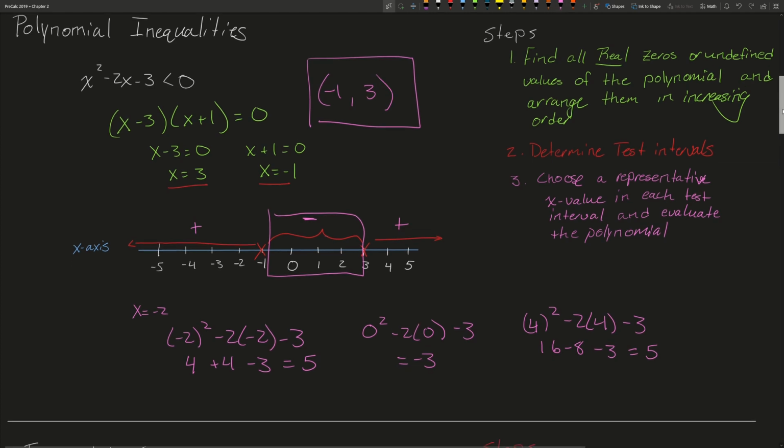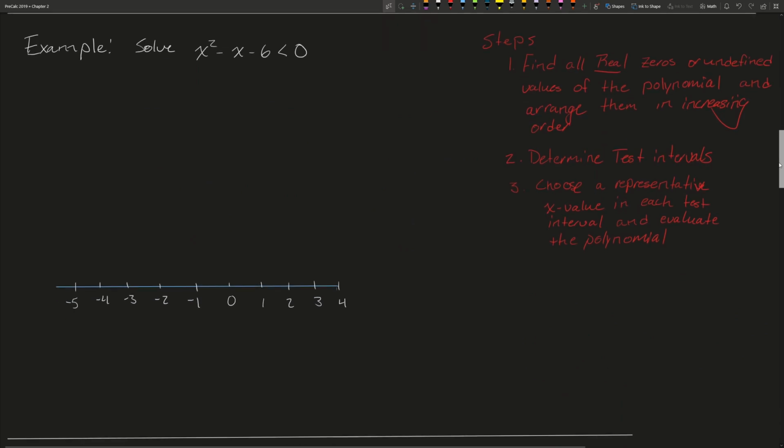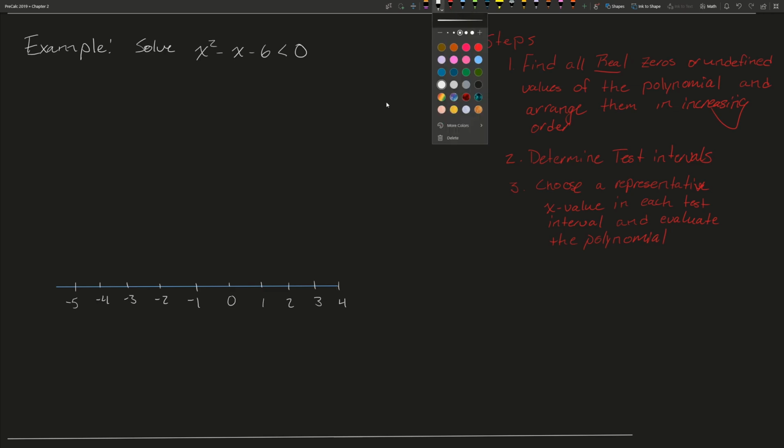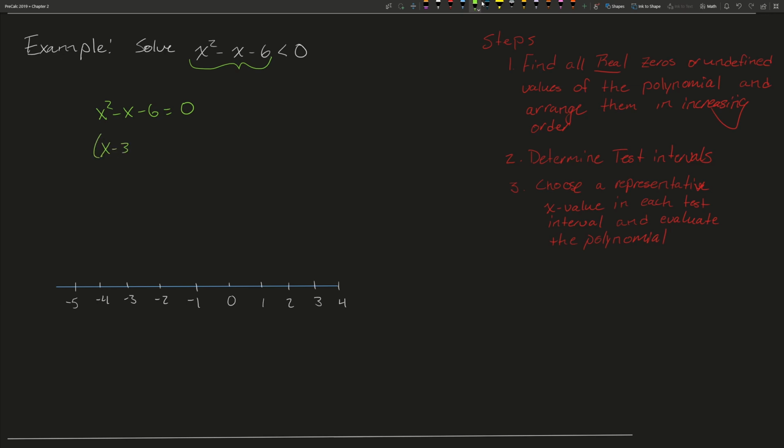The next example is pretty similar. In this one, we are trying to find when the polynomial x squared minus x minus 6 is less than 0. Again, in order to do that, the first thing we need to do is to find when our polynomial is equal to 0. So we set x squared minus x minus 6 is equal to 0. And I know that I can factor this into x minus 3 times x plus 2.